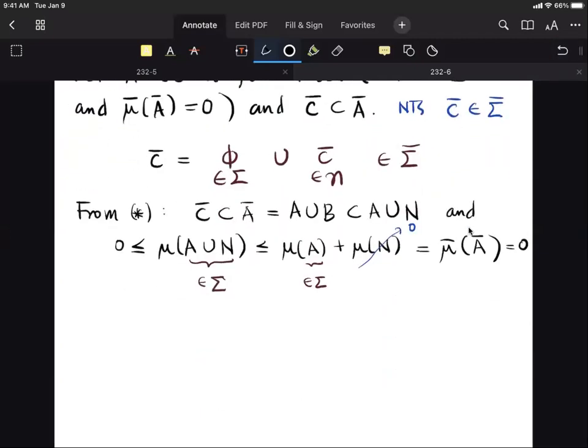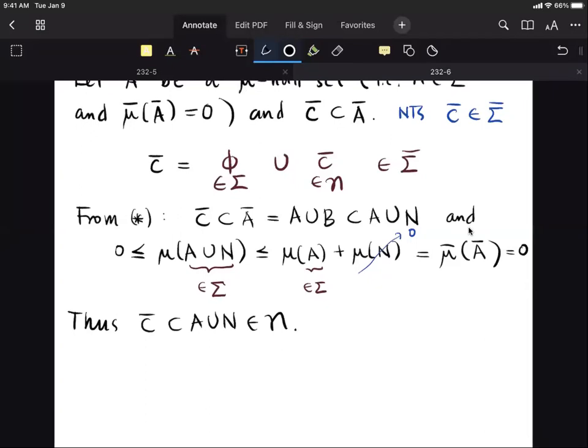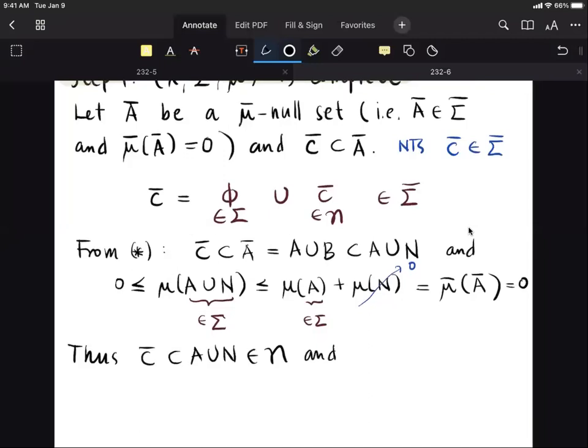Okay. Thus, we have seen that C bar is a subset of A union N, and A union N has measure 0. So this is a null set in sigma, hence it is in N. Or we should be more precise.